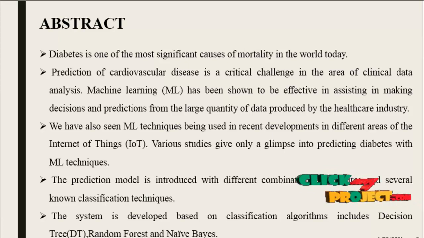We have also used machine learning techniques in different areas using IoT, that is, Internet of Things. Here we are predicting diabetes using ML techniques. This system is developed based on classification algorithms that include decision tree, random forest, naive Bayes, and also logistic regression, which is used with grid search CV.